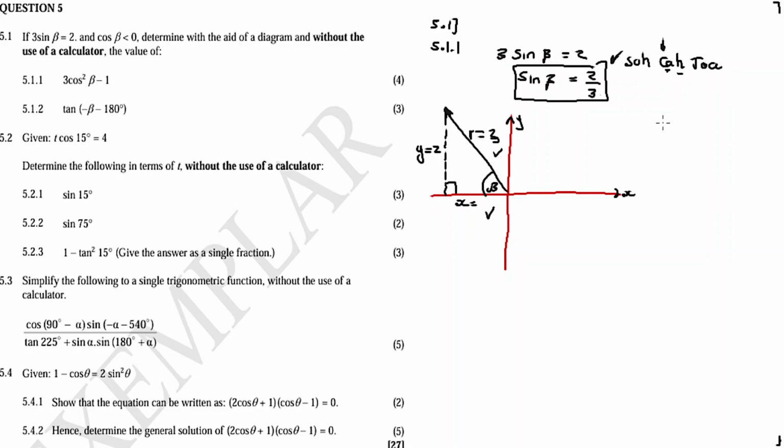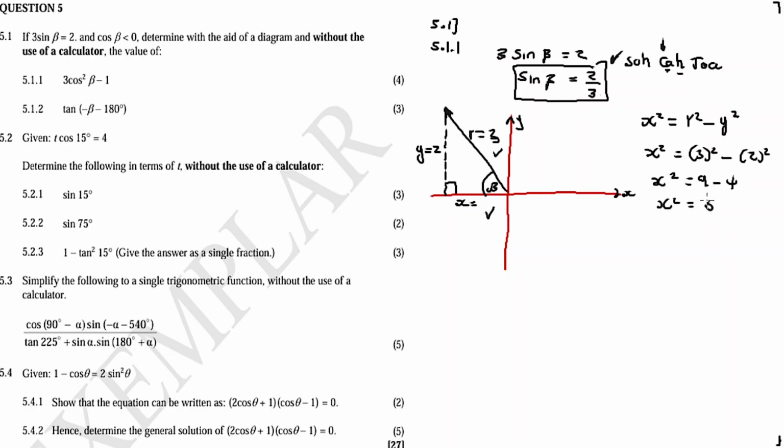So we calculate x using the Pythagoras theorem, because it's a right-angled triangle. x squared equals r squared minus y squared. I'm subtracting from the hypotenuse. So x squared equals 3 squared minus 2 squared, which is 9 minus 4.